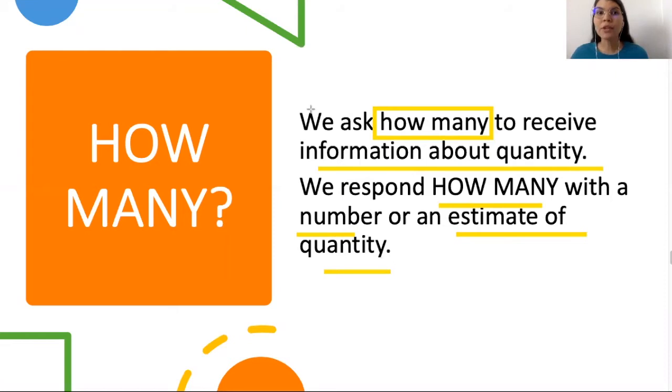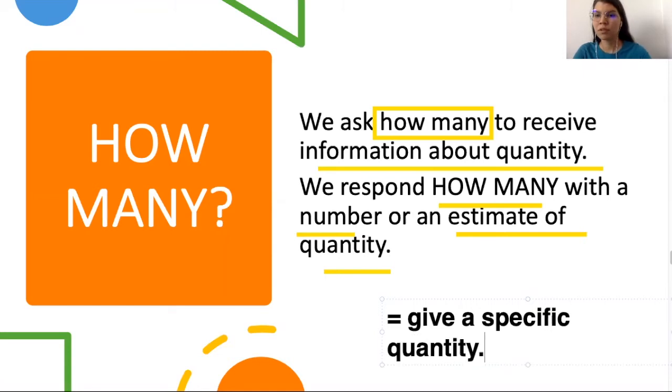So we use how many when we can give a specific quantity, yeah? When we can give a specific quantity about an object, a location, a person, an animal, about nouns, we use how many to ask for quantity.